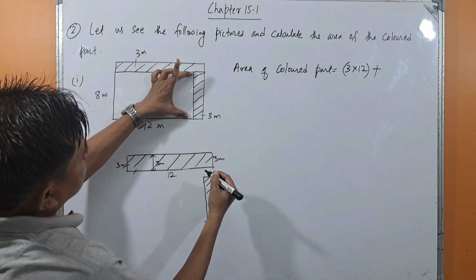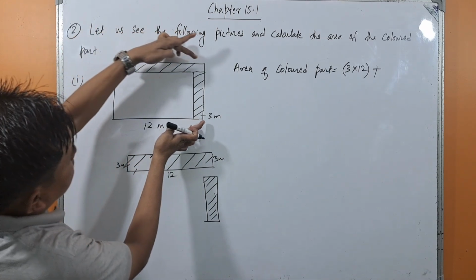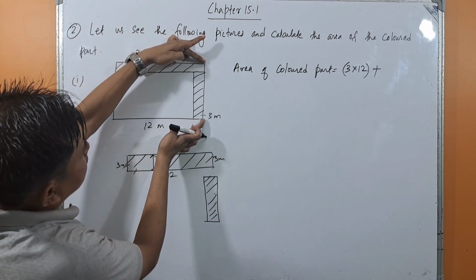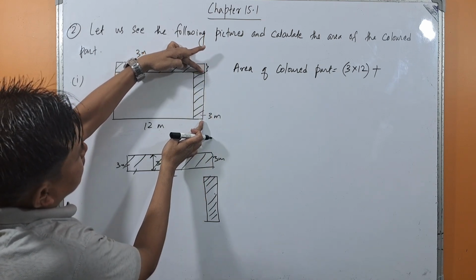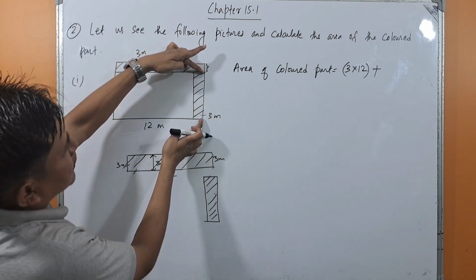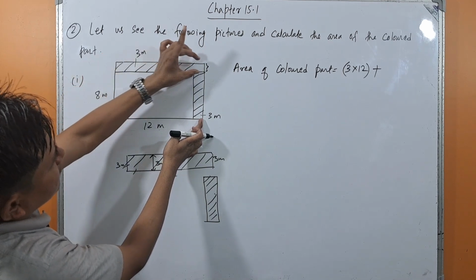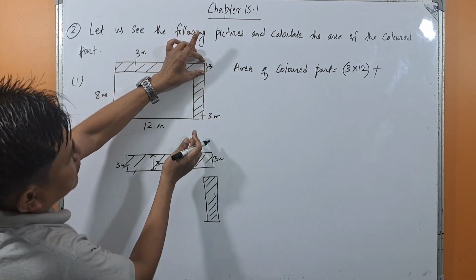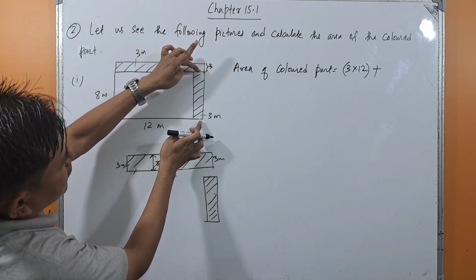The total length was 8 meter, isn't it? Now this is 3 meter, we must subtract. So the length becomes 8 minus 3, that is 5.